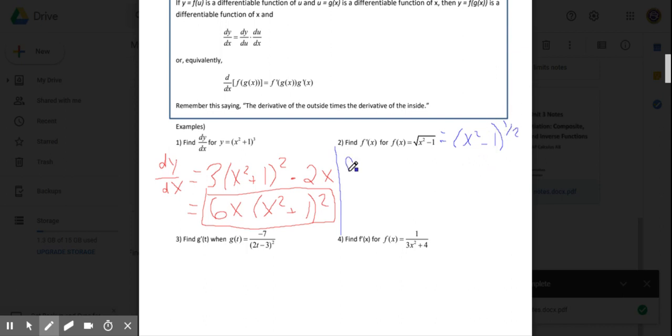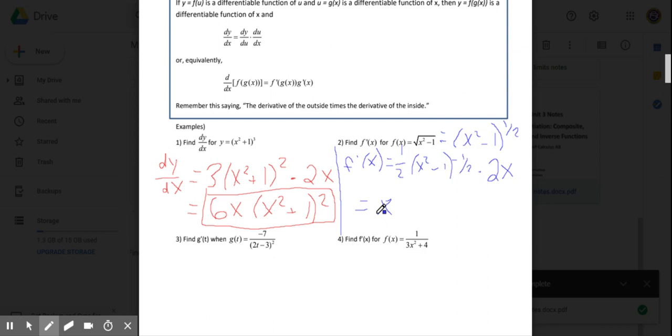So f prime of x, we do the derivative of the outside, which is 1/2 times x squared minus 1 to the negative 1/2 power, and then times the derivative of the inside, which is again just 2x. Simplifying that, 1/2 times 2, those cancel each other out and we just get 1 times x.